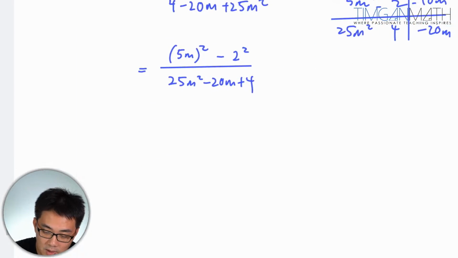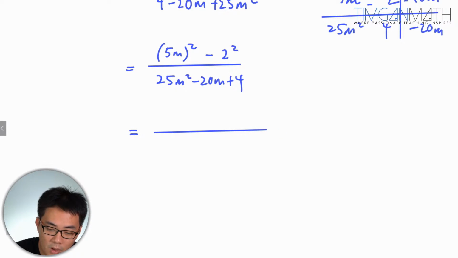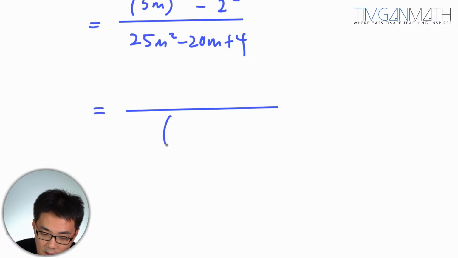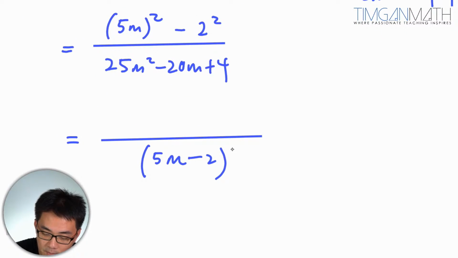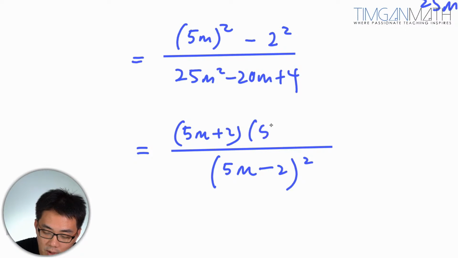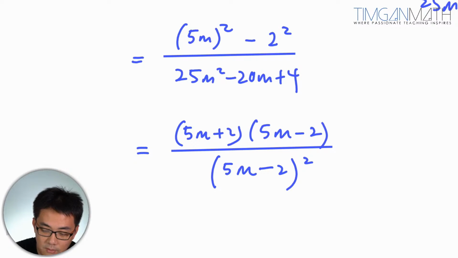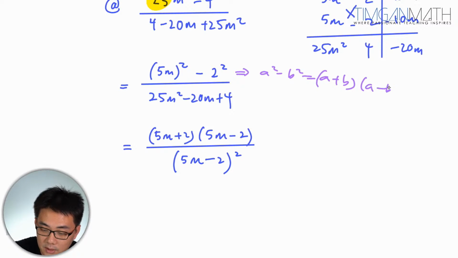Right? So in this case, for the denominator, if we do it properly, what we'll get is 5m minus 2 squared. Alright. After which the top part will be 2m plus 2, a squared minus b squared, which is a minus b times a plus b. Okay, so there you go. I'm going to use the formula a squared minus b squared equals a plus b multiplied by a minus b.